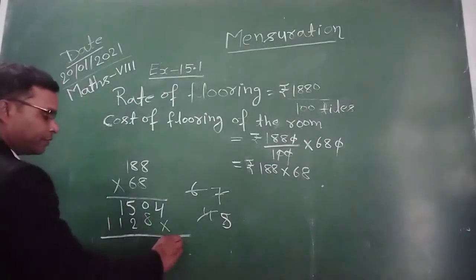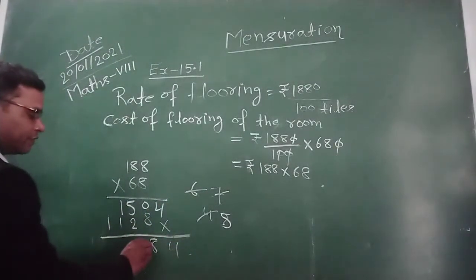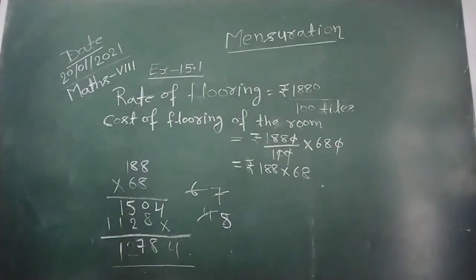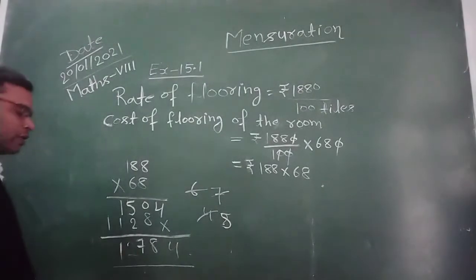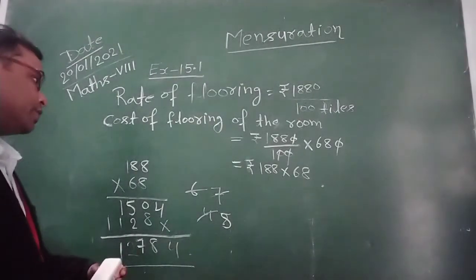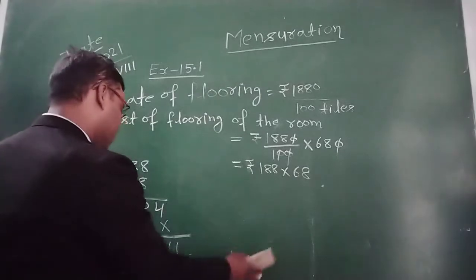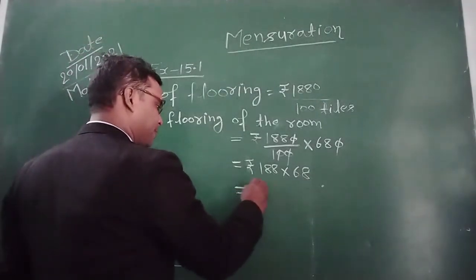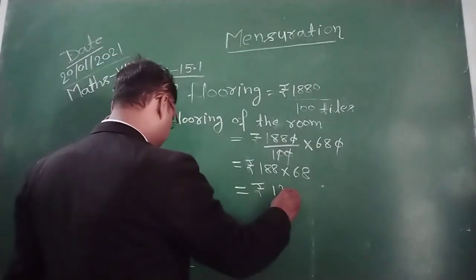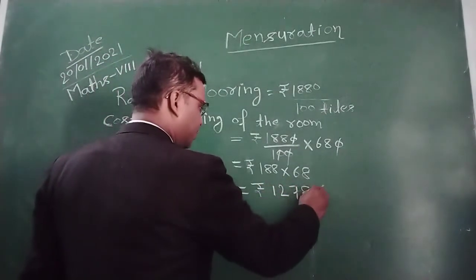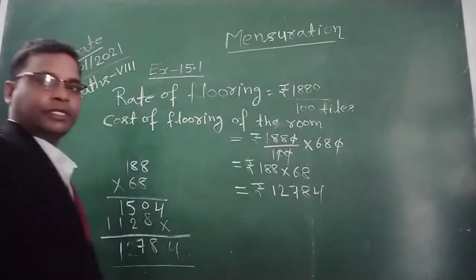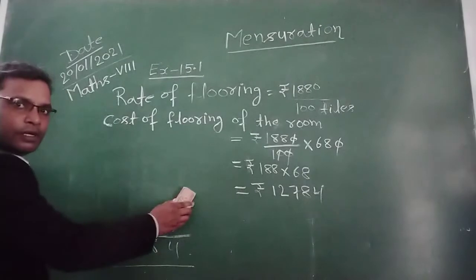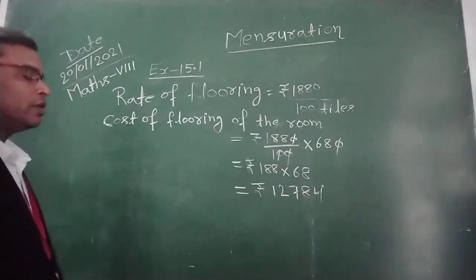Add them, and this becomes 12,784. This is clear. So students, you can see the cost of flooring is equal to 12,784.